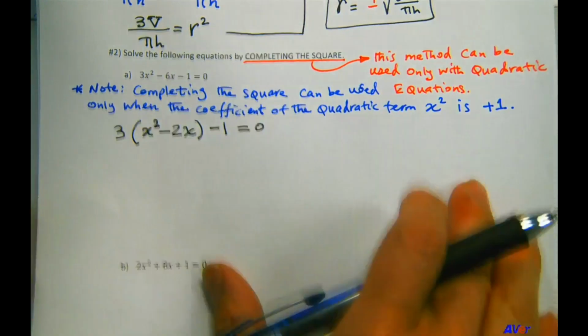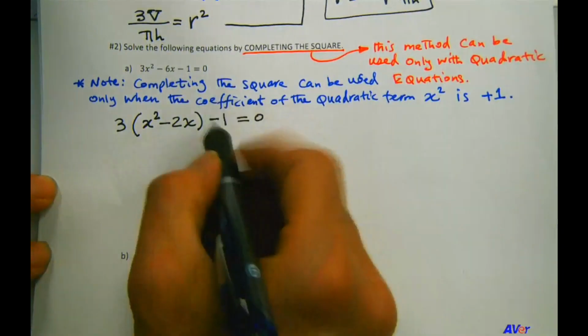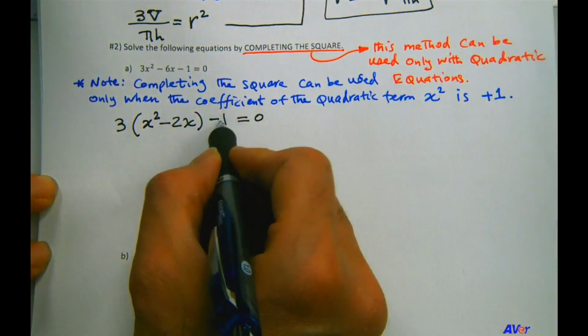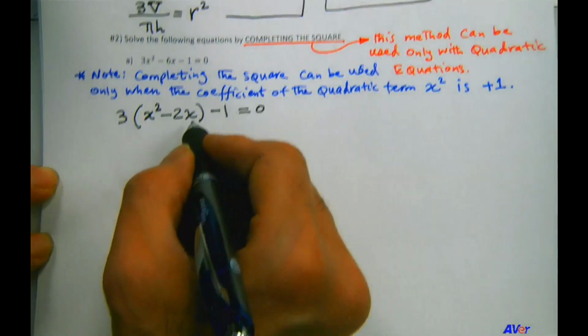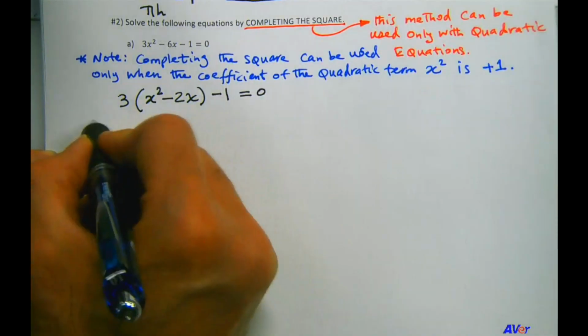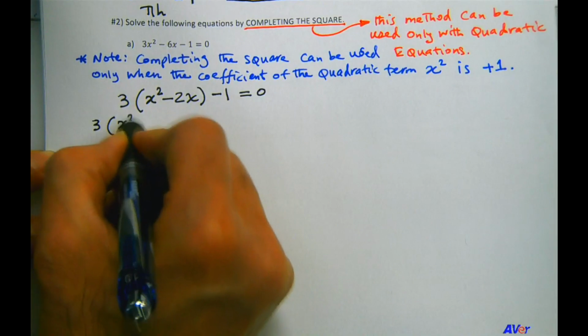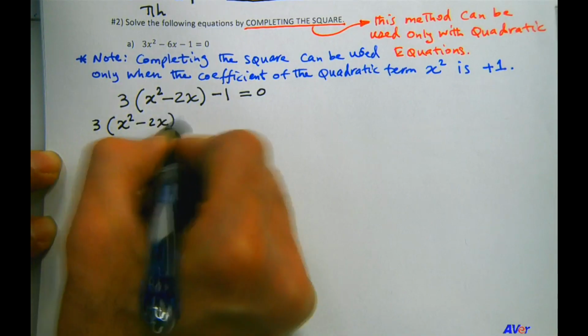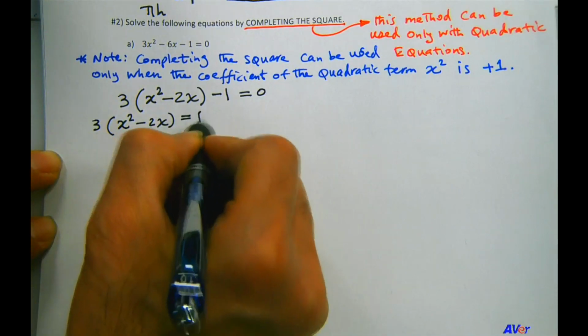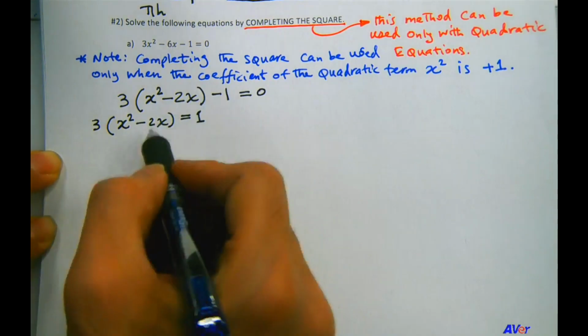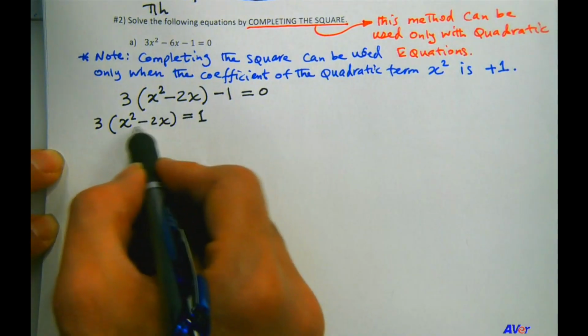So now I want to move the negative 1 to the other side. So 3 times x squared minus 2x equals 1. Right? So now, how do I complete this square here?